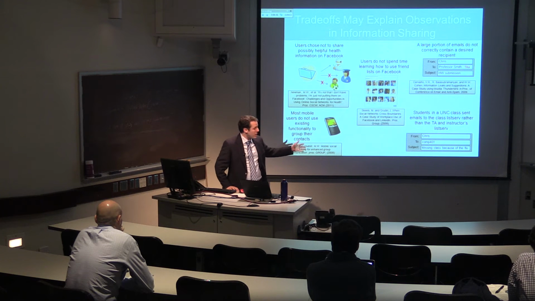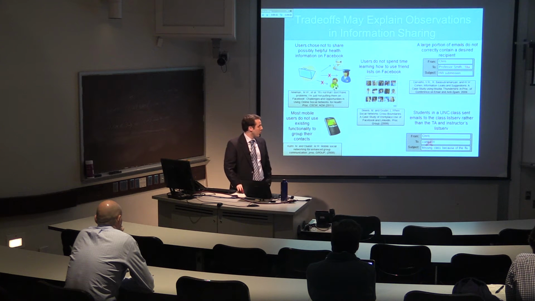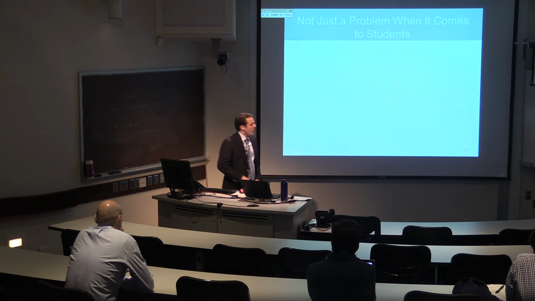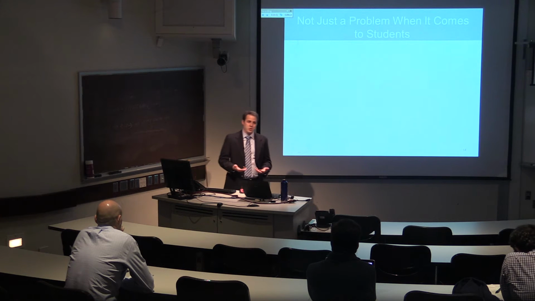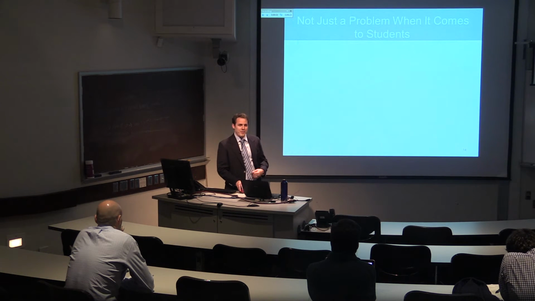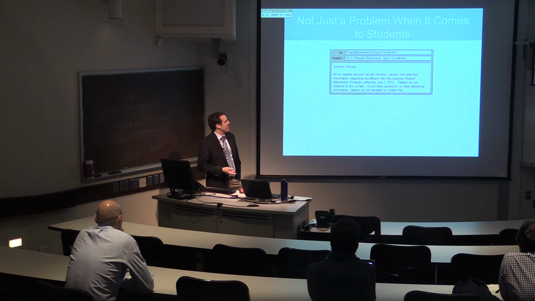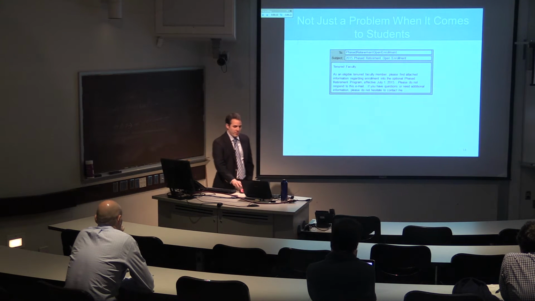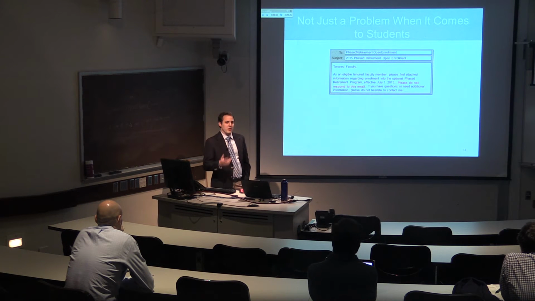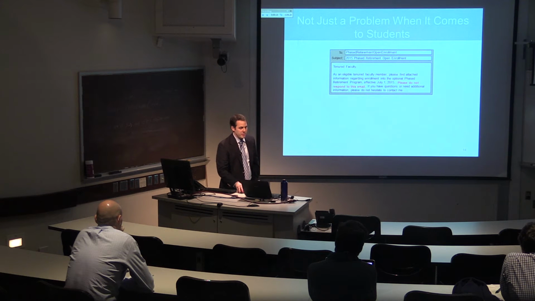So this might be some email about missing class for some sensitive health reason, and it was sent to Comp 401 rather than Comp 401 help. And we might think this is just a problem when it comes to students who don't really know any better, but faculty make this mistake too. So a recent email was sent to tenured faculty about a phased-out retirement program, and it specifically stated, please do not respond to this email, because responses would be sent to the original recipients.